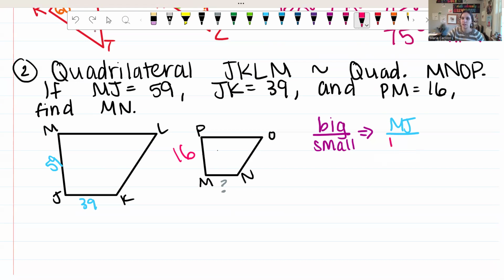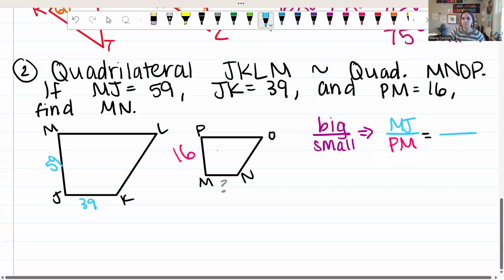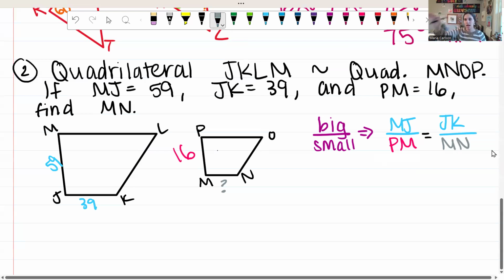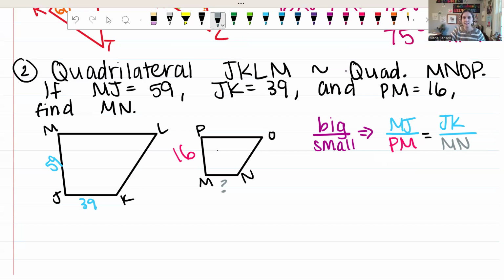And I'm just going to write PM for now. JK is our other side length that we know. And the corresponding side to that would be MN, the one that we are trying to find. So I have the big sides on the top in relation to the corresponding smaller sides in the second shape.